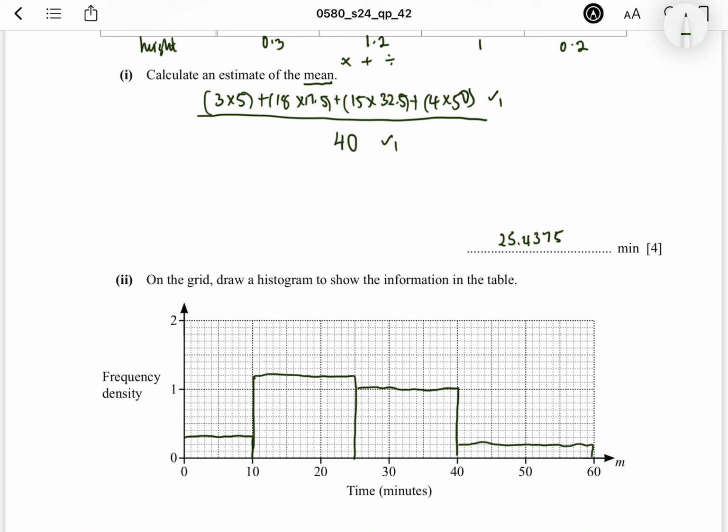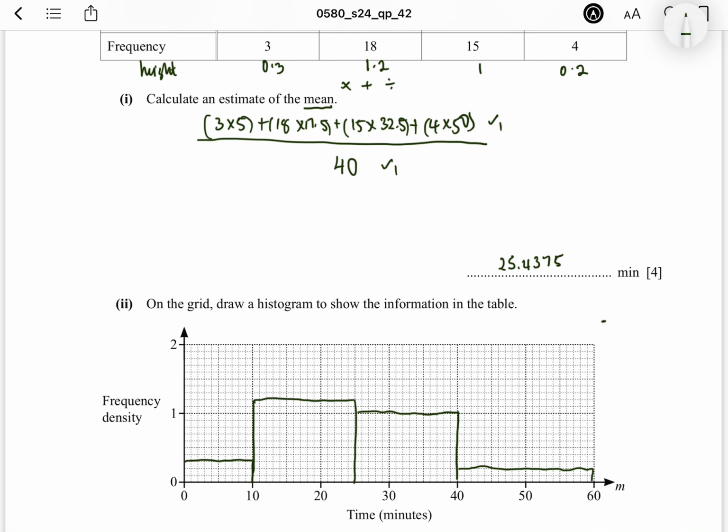Right? That's it. So you write down your notation sana. First thing is what? You find the class width. This is how to draw histogram.